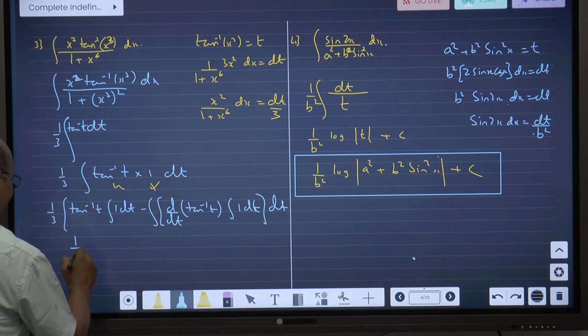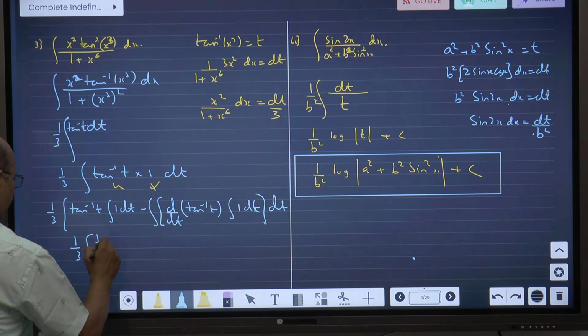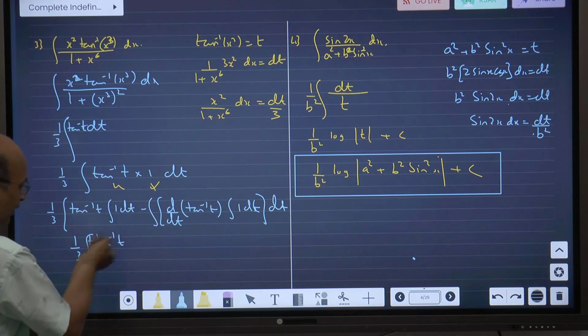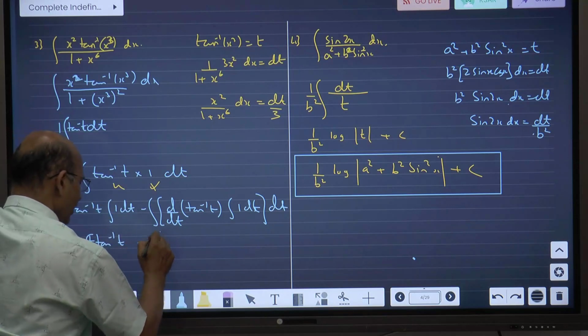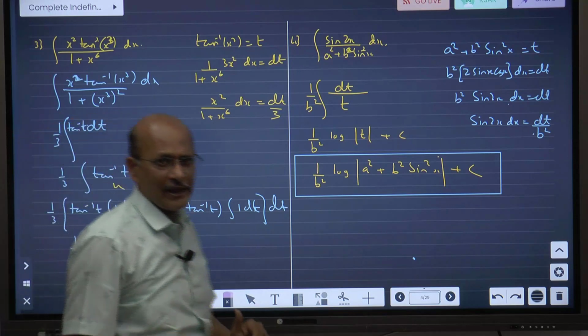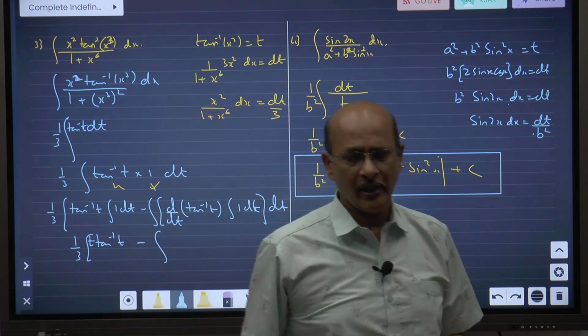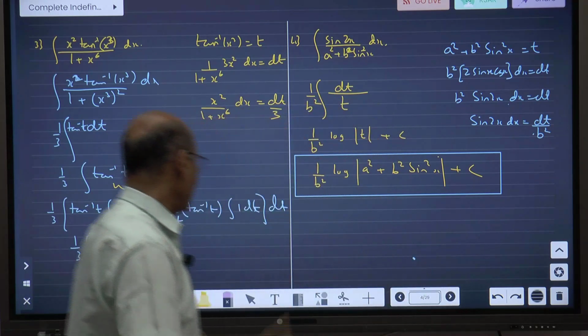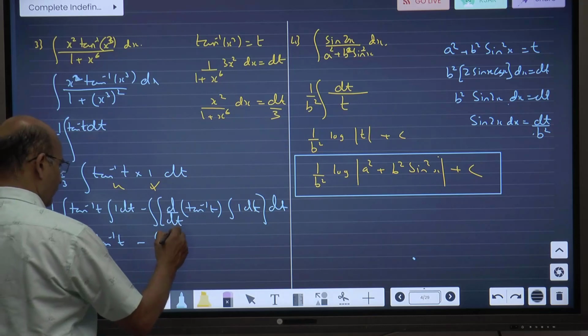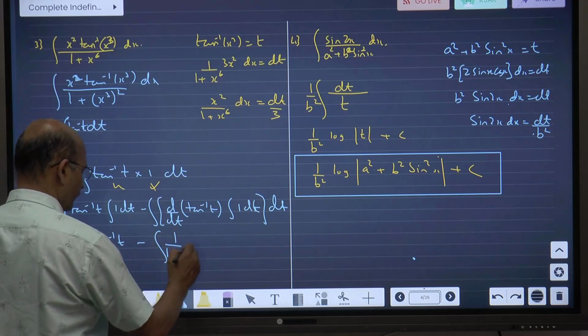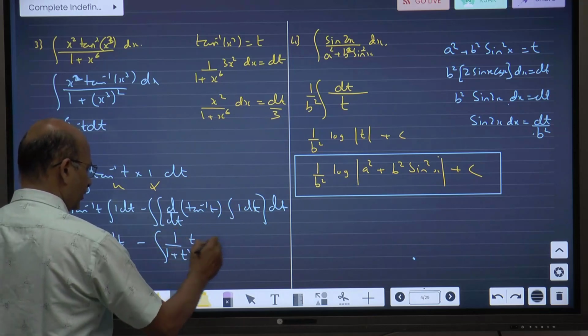So this is 1 by 3 as it is, tan inverse t. What is integral 1 with respect to dt? It is t, minus integral. What is the derivative of tan inverse t? 1 upon 1 plus t square. Then integral t dt.